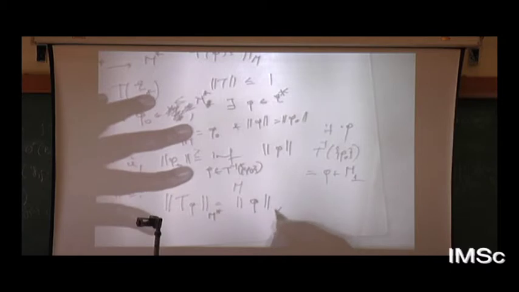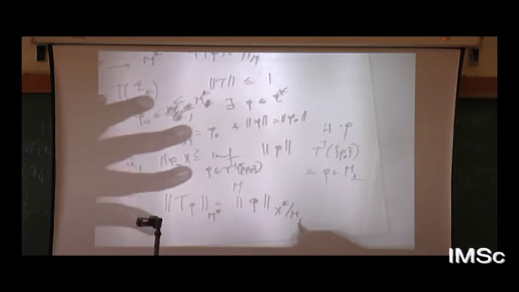See, this is the norm in M upper star. I'm saying it's exactly the same as the norm of phi in X star mod M perp. Right? This is what we've seen.